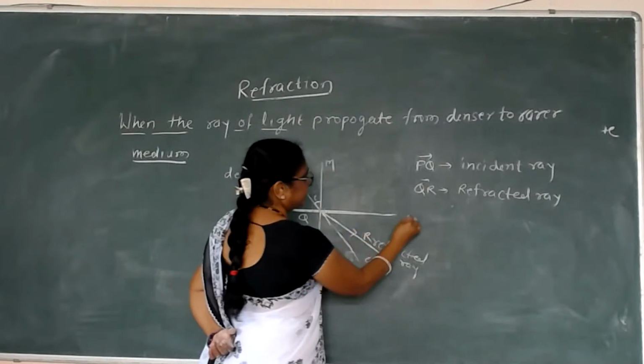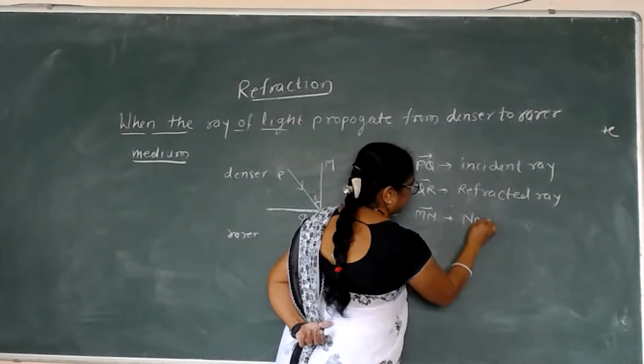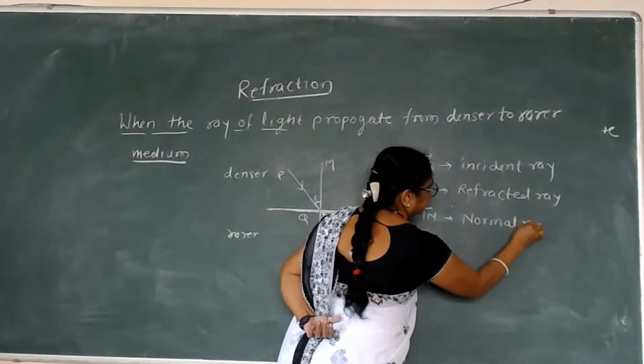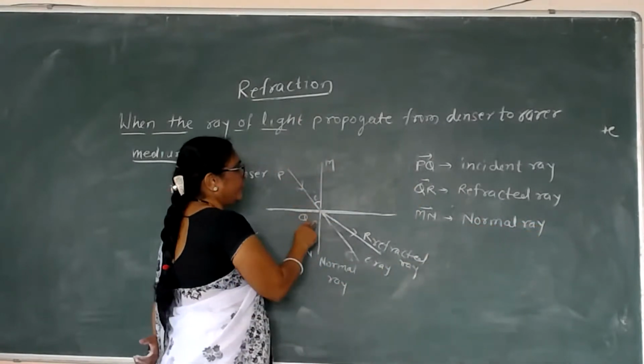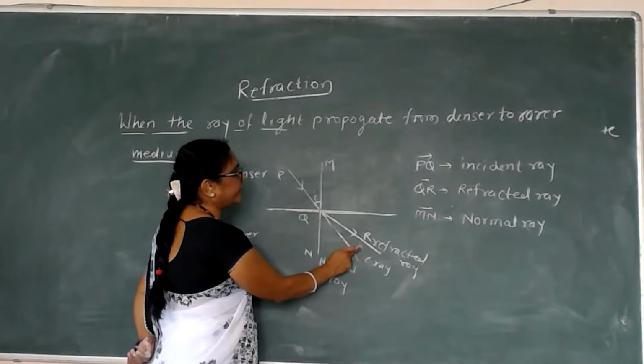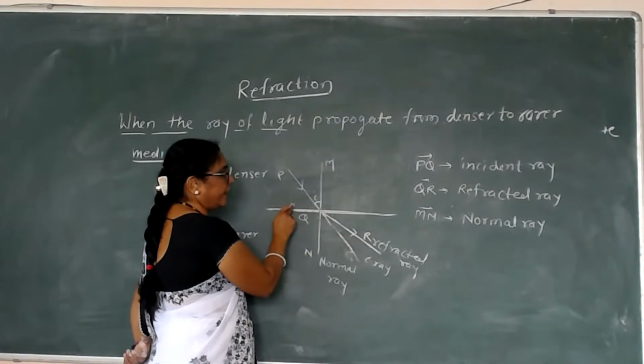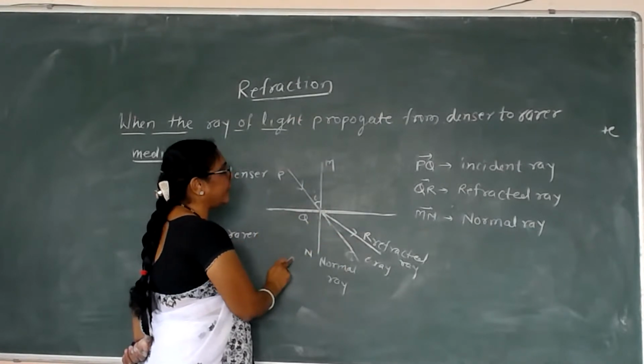And MN is known as the normal ray. PQ is the incident ray, MN is the normal ray, and QR is the refracted ray, which bends away from the normal when the ray of light is propagated from the denser to the rarer medium.